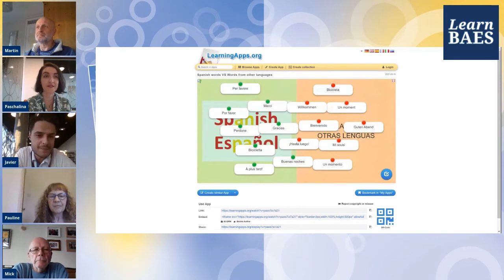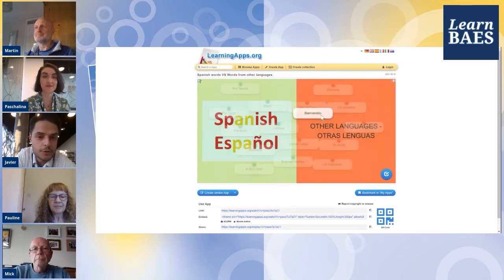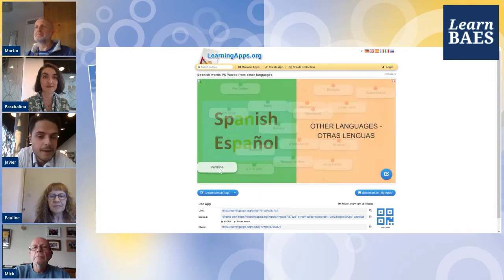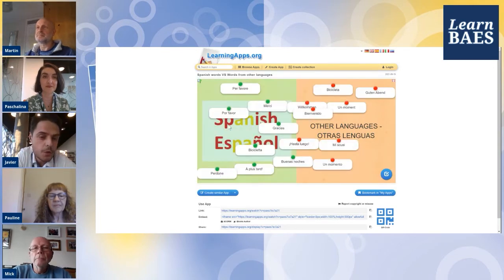We have this activity here where we've got a set of words and we need to identify which belong to Spanish, español, and which belong to other languages, otras lenguas, ¿vale?